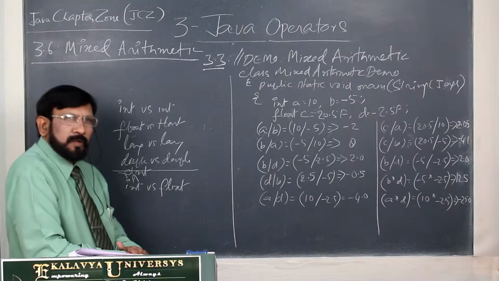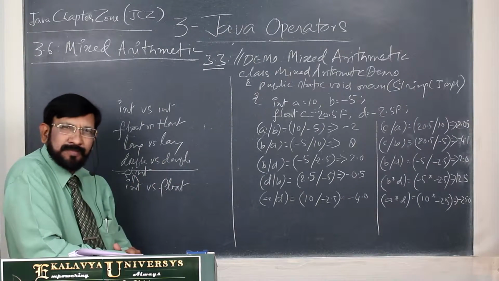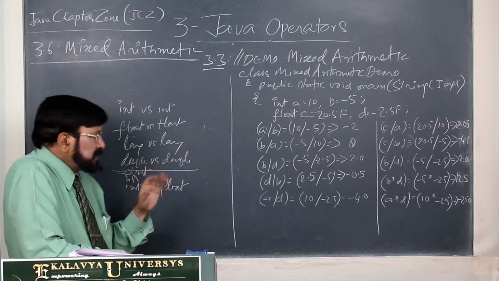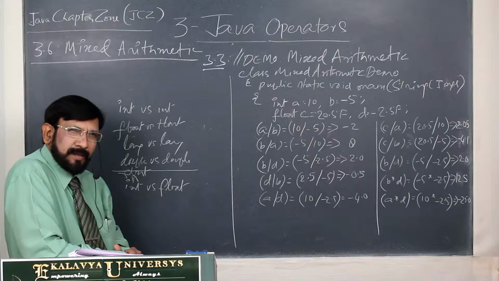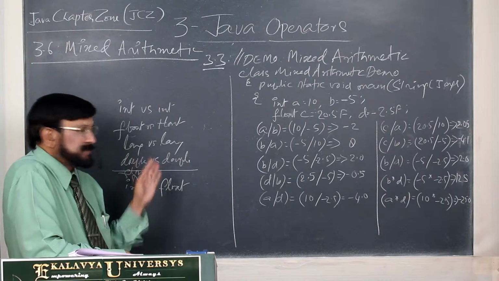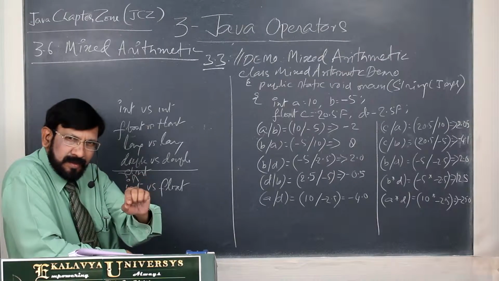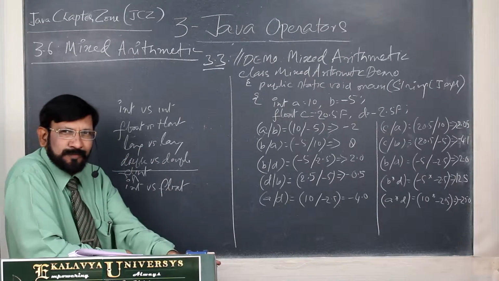Then what type of operation should be done? Float versus float. Actually, by that you can understand the fact: there is no mixed arithmetic. Mixed arithmetic is there in our source code.